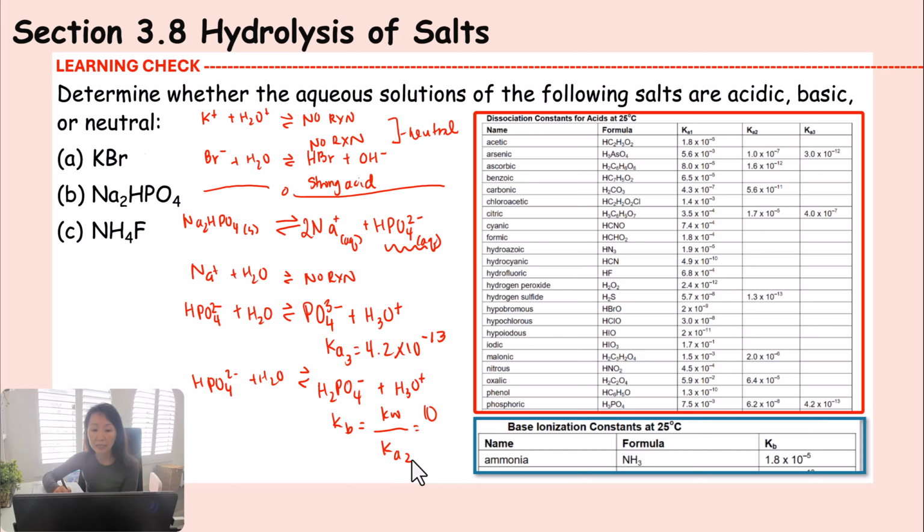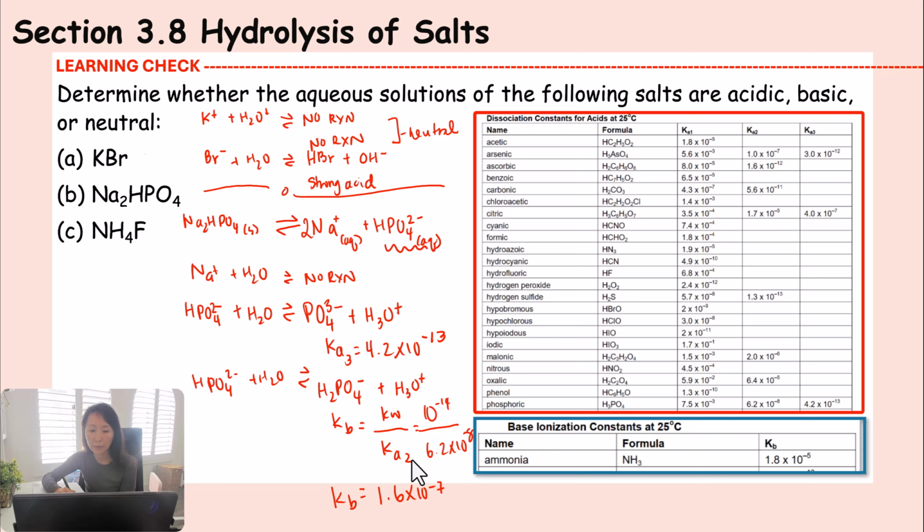So this is 10 to the negative 14 all over 6.2 times 10 to the negative 8. It's really small, it's hard to tell. If you solve this out, the Kb value is 1.6 times 10 to the negative 7. All right, so that's my Kb.